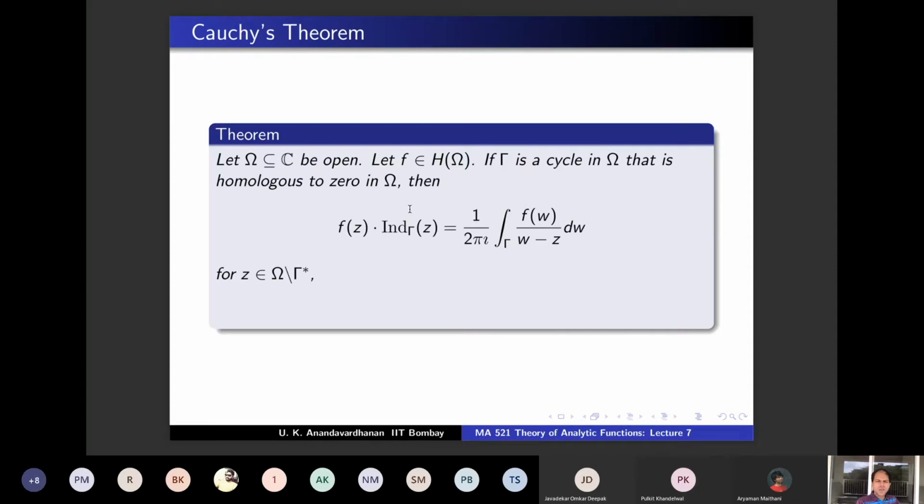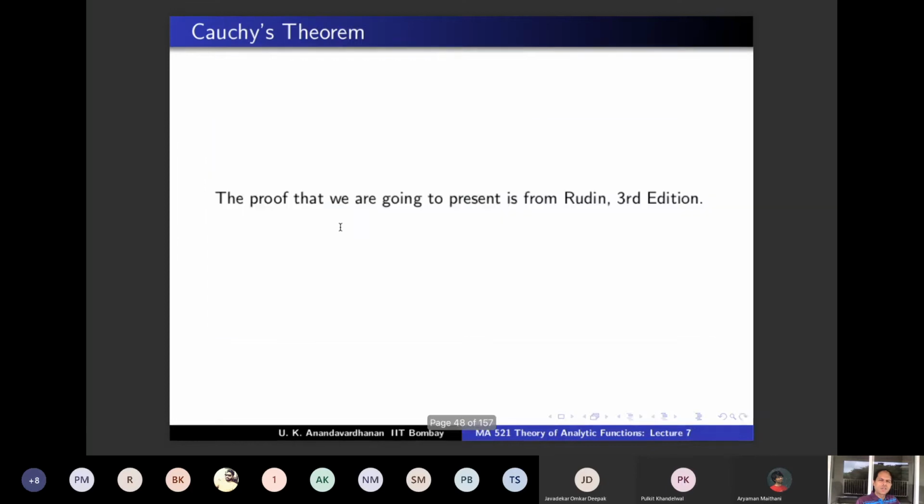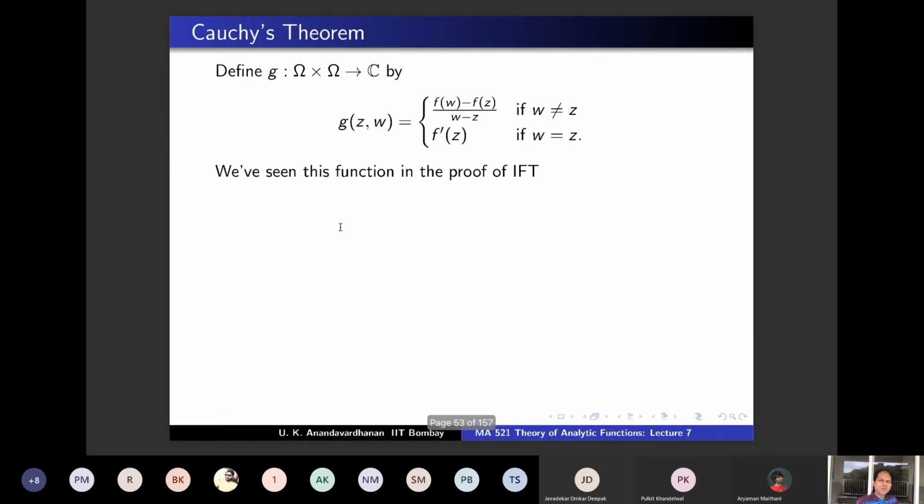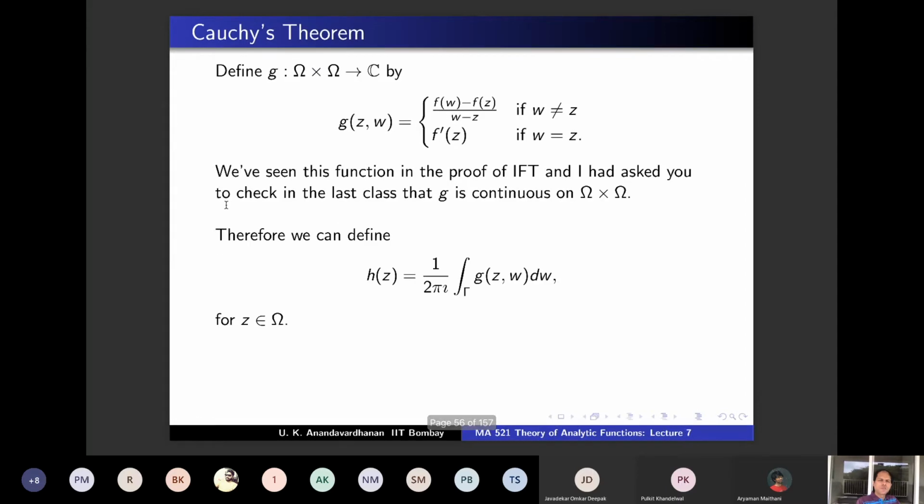Index is the integral over 1 by w minus z. So f(z) is constant with respect to the integral of dw, so it is the integral of f(z) by w minus z dw. Take it to this side. So the integral over gamma of (f(w) minus f(z)) by (w minus z). But that's his function g, no? That's his function g. So what do we need to show about h?